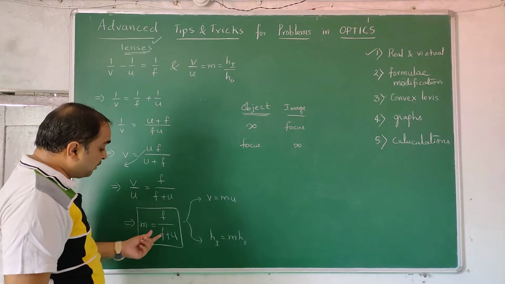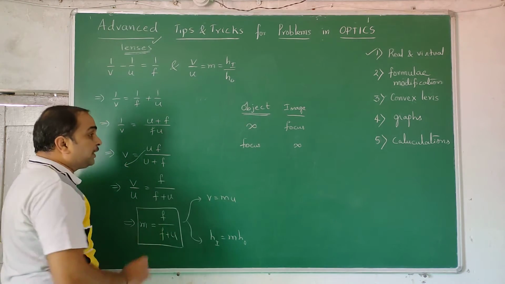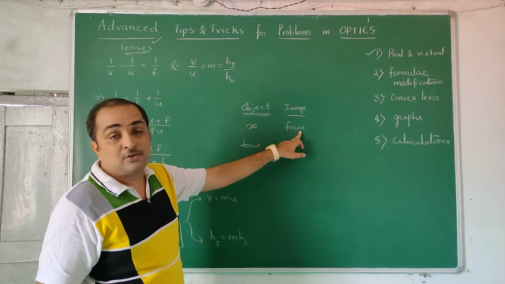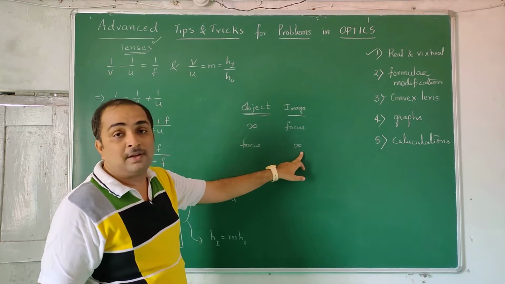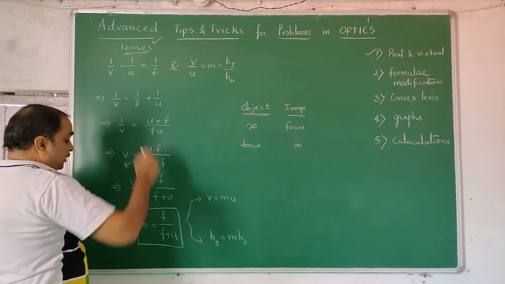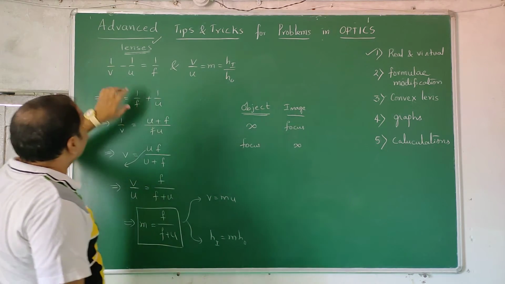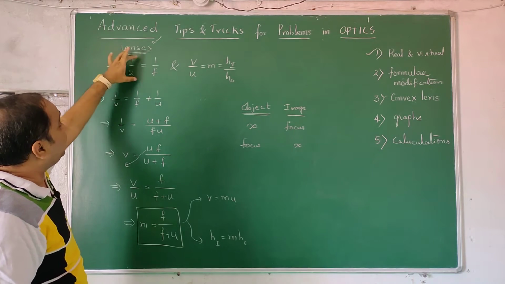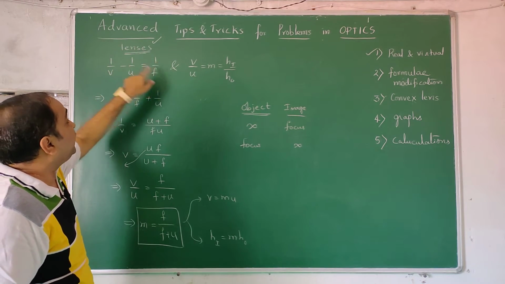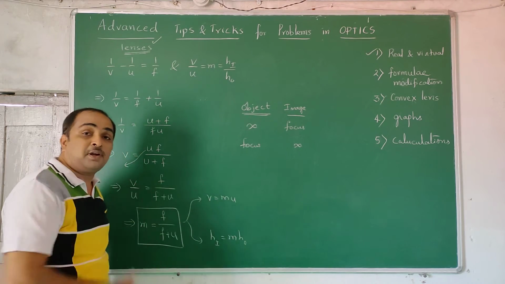This would have been the formula given in the textbook, but they don't give it as a formula because sometimes the object is at infinity and the image will be at focus, or the object is at focus and the image will be at infinity. When infinities are involved, writing them in a combined expression makes the overall calculation meaningless. If they are separate terms, where 1 by infinity is involved, that particular term becomes 0 and will not affect the total calculation.